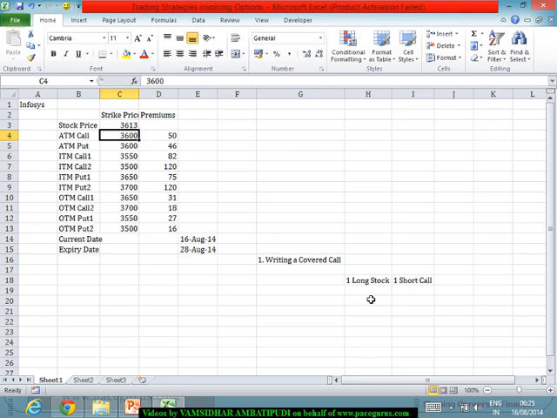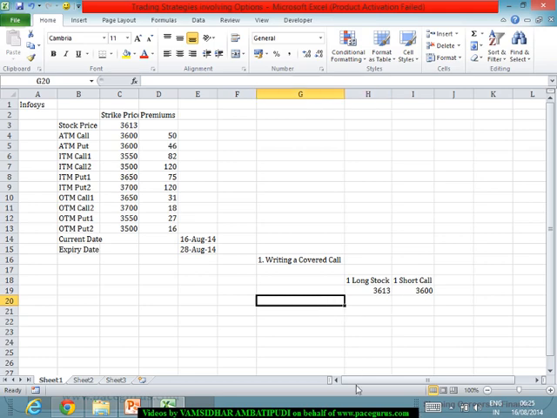So I have purchased the share at 3,613 and sold a call option for 3,600. Let me note down the numbers: one long stock at 3,613 and one short call, an ATM call itself.